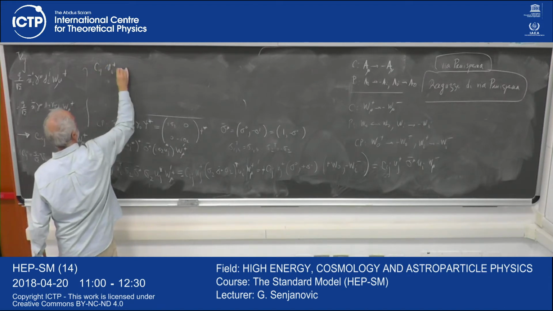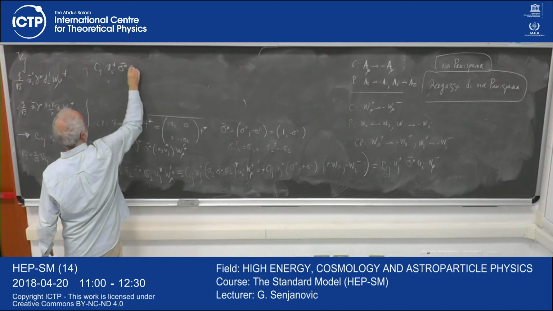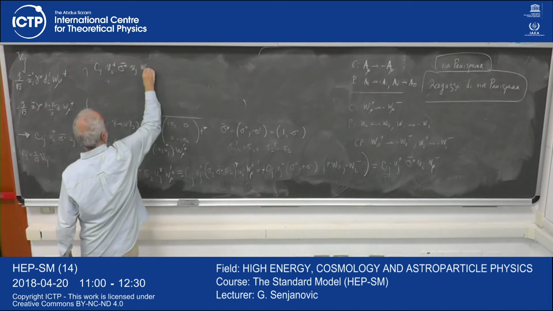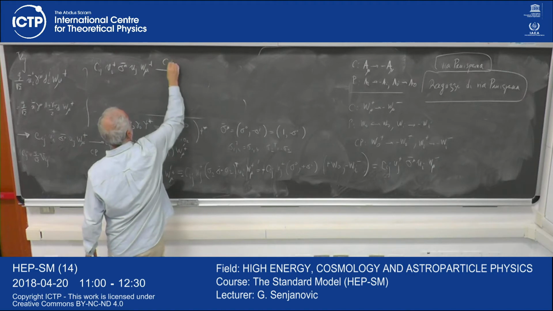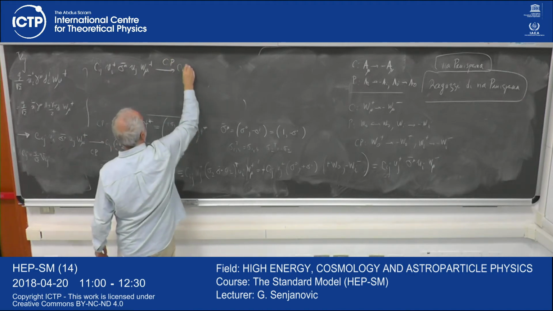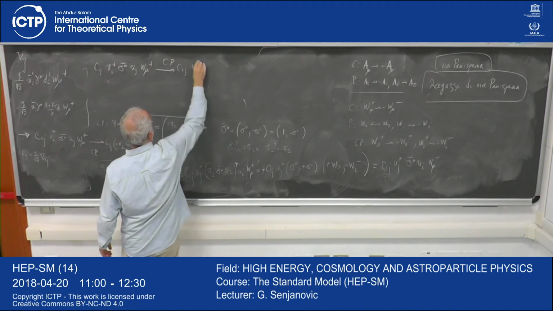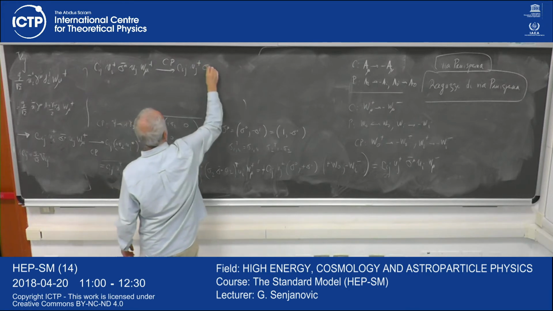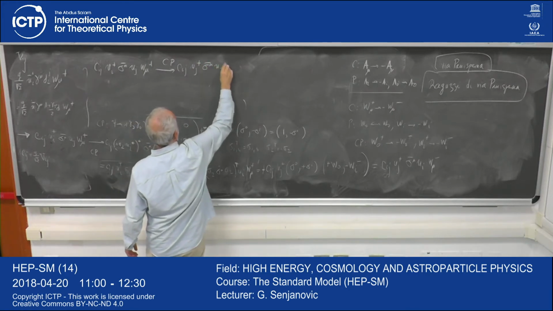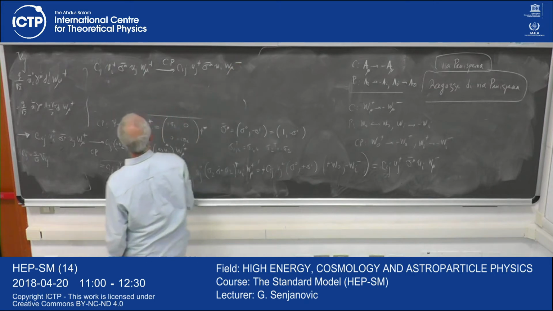So ui dagger, Cij, sigma mu bar, uj, W mu plus, goes under CP into Cij, uj dagger, sigma mu bar, ui, W mu minus.